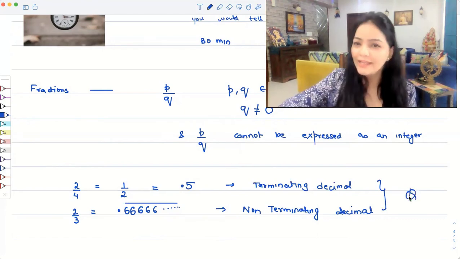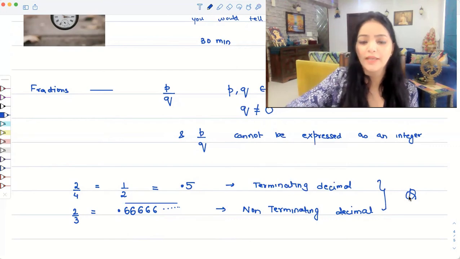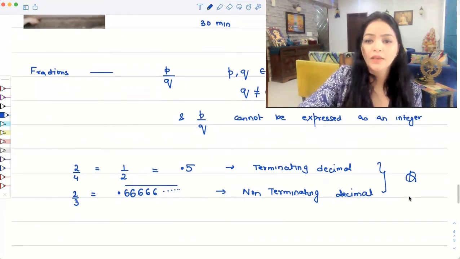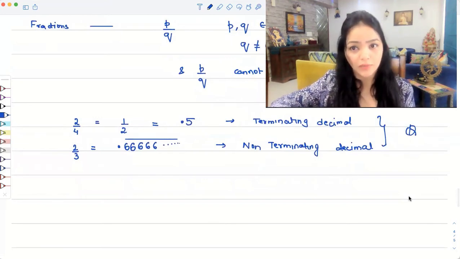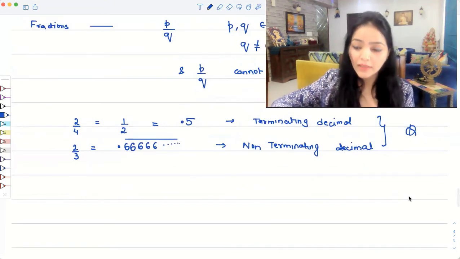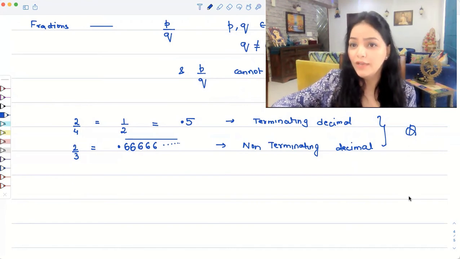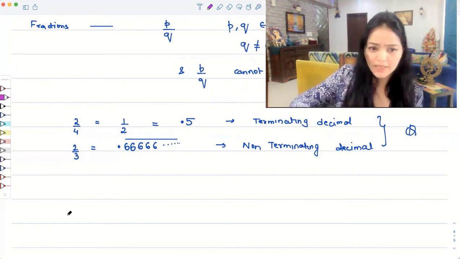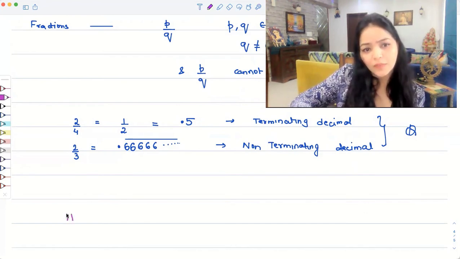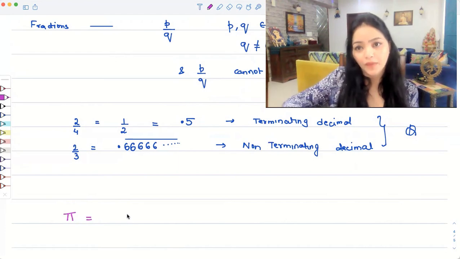Now, why I am actually talking about the decimal system here is for a reason that when you jump from one rational number to another rational number, then there you can actually have some other kind of numbers also. We will think in terms of decimal first. Let me give you the decimal value of pi.